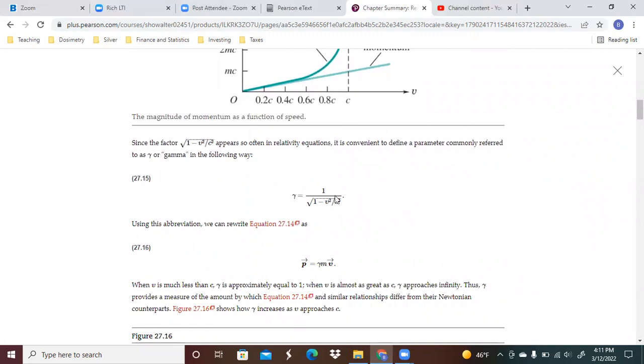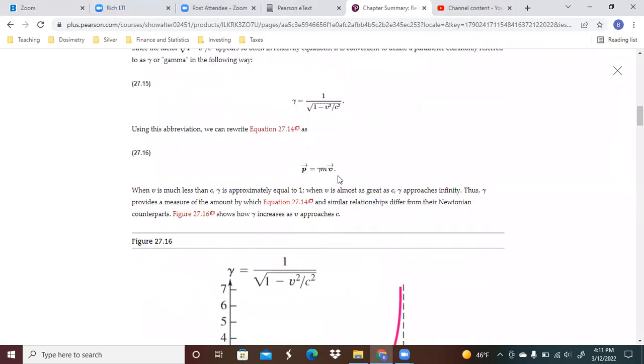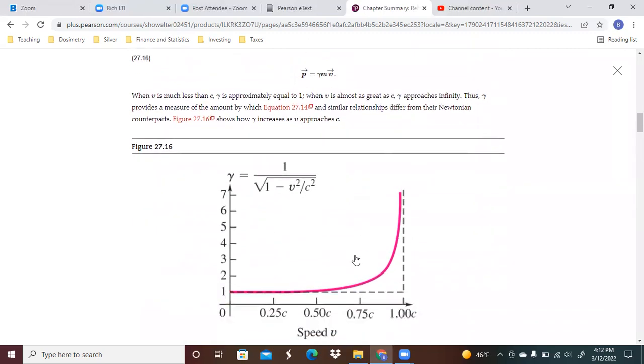This correction appears so often in relativity equations that we just give it a name, gamma, and write it like this. So a lot of times you'll see relativistic momentum with this gamma correction next to it.